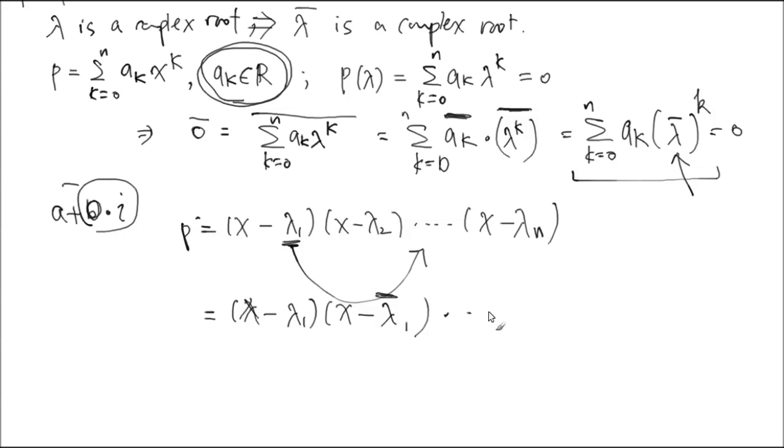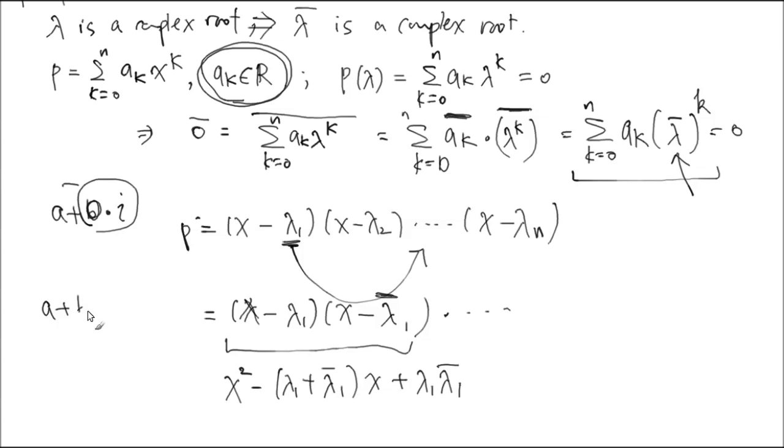And if you pair them up like this and multiply this one out, you get x squared minus the sum of lambda 1 and lambda 1 bar times x, plus their product. If you approach it with a plus bi and a minus bi, the sum becomes a real number because the imaginary parts cancel. And if you multiply, it becomes a squared plus b squared, also a real number.